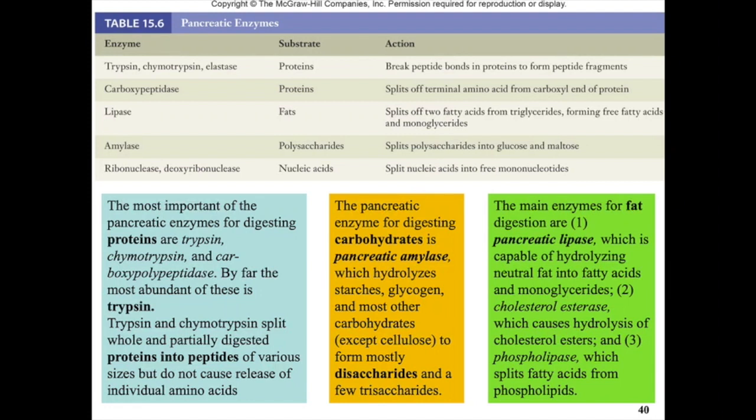The stomach already starts digesting proteins, and so the final digestion will happen now at the level of the small intestine, in which proteins will be further broken down into peptides, and the peptides will be further broken down into small peptides and amino acids.